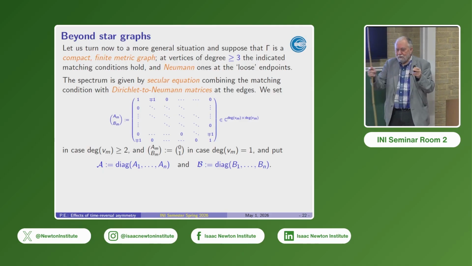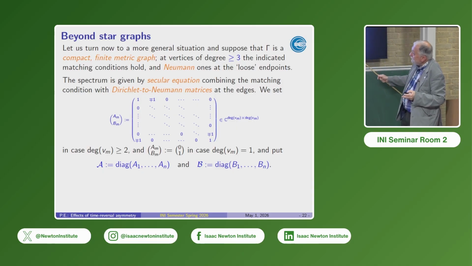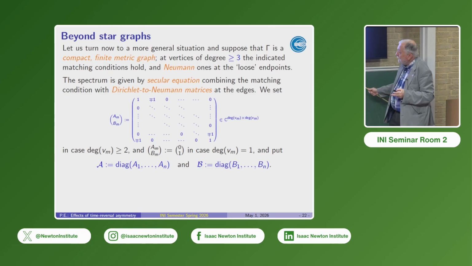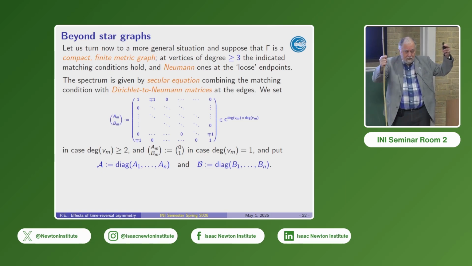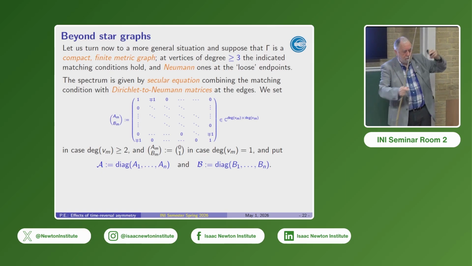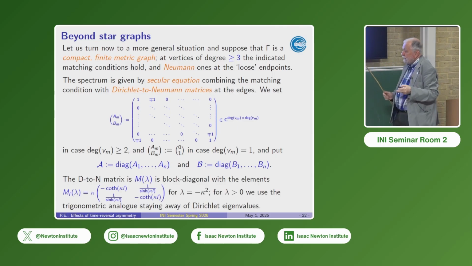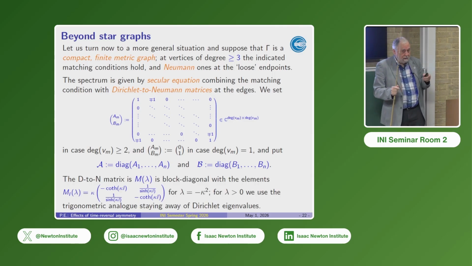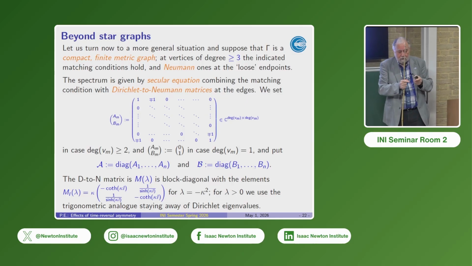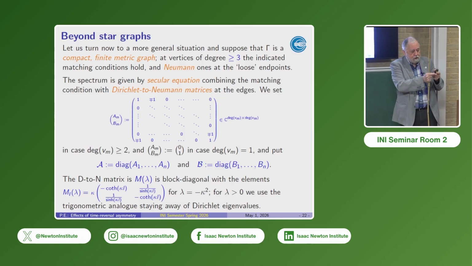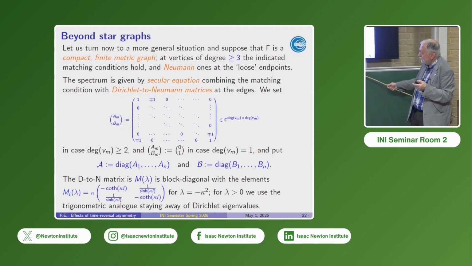B was I, U plus 1. Here, B in this notation is just U plus 1 without I, but it is this matrix here. And now I have a big matrix A and a big matrix U, just put on the diagonal of one great matrix. In addition, of course, I need the Neumann to Dirichlet, or if you want, a transfer matrix, which maps the solution from one vertex to another over an edge. And it is, of course, something like that.